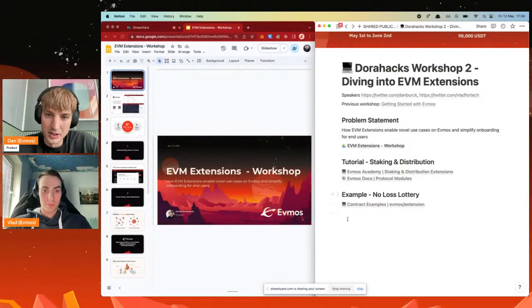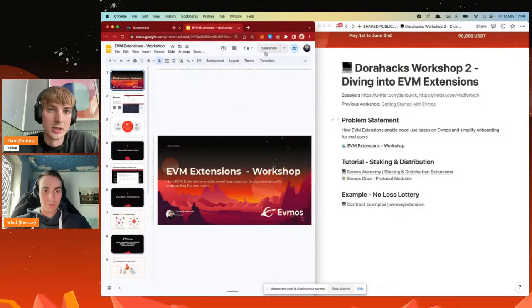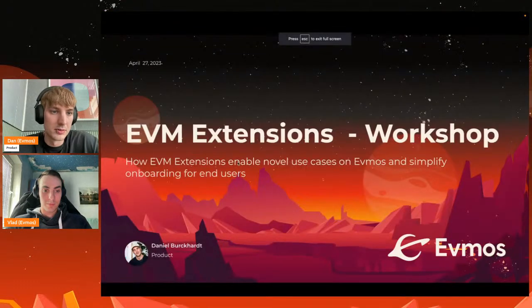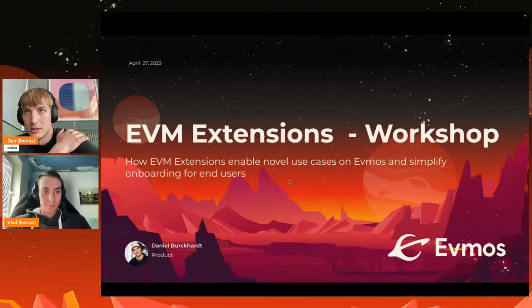And Vlad is also going to take over the last part here with the no loss lottery. It's going to be really interesting. So can you just confirm that you see the full screen of the presentation? Yeah. Okay, awesome.